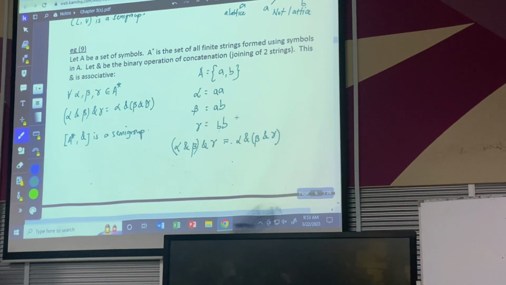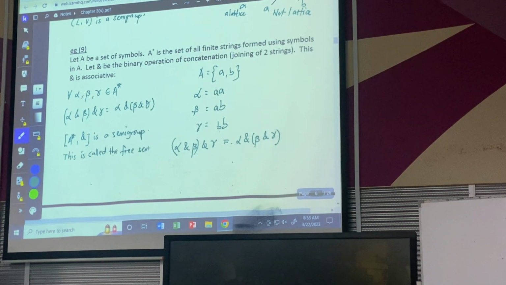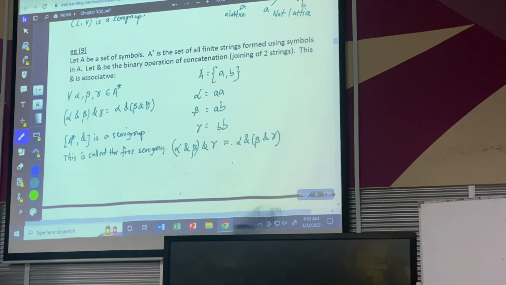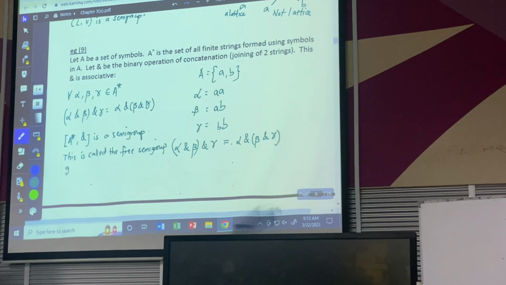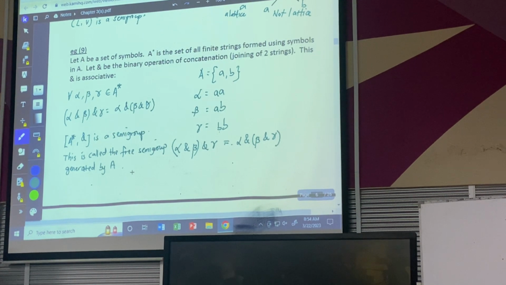Now, when we find this semigroup, there is a specific name for this joining of the string. We will call this as a free semigroup. So we call this free semigroup generated by A. From the set A, we get all the string.